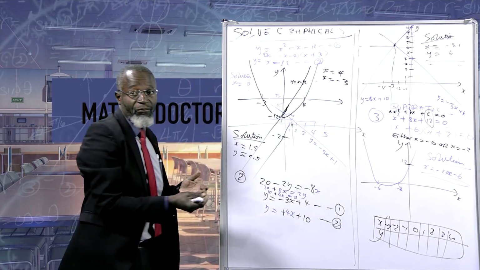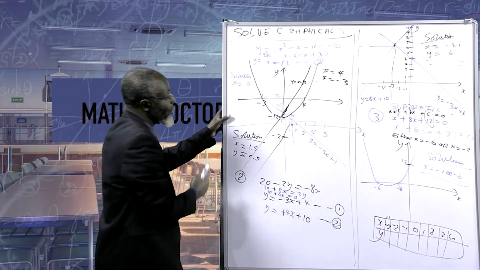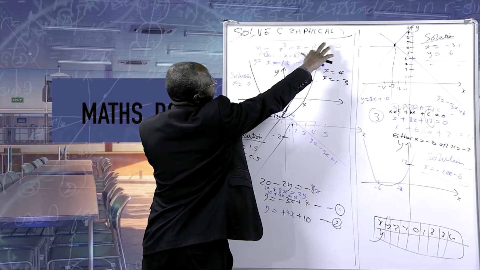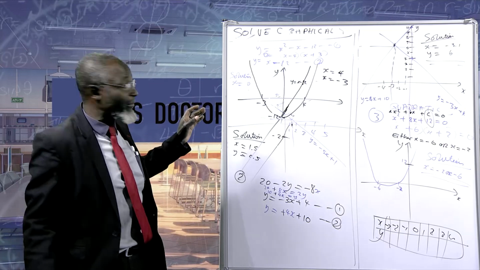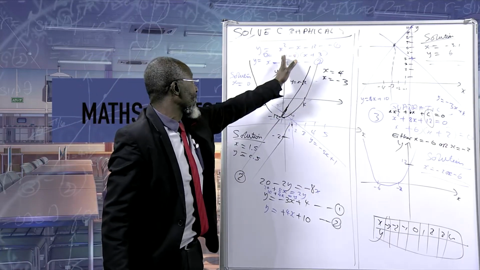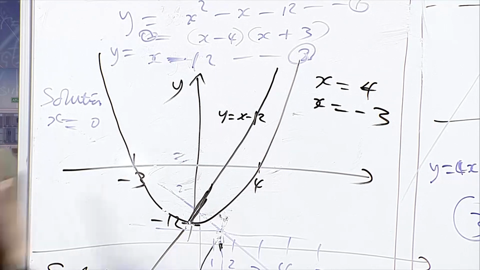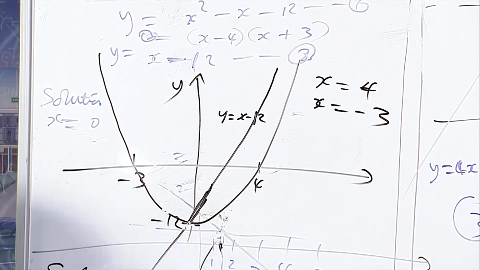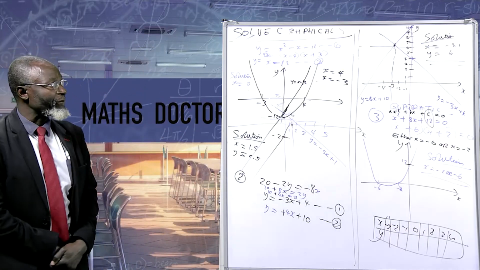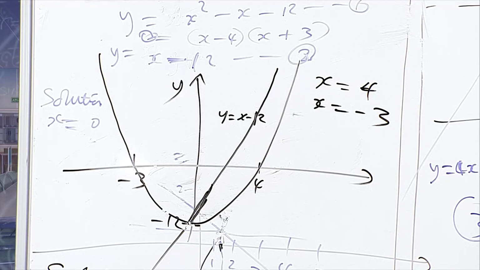But I've done it for convenience's sake, because I just wanted it to cut here, where I can quickly see that the intercept is minus 12, and also here the intercept is minus 12. So x is not going that way or that way, so x is still 0. You can quickly do that when you're drawing your graphs. So these are the tricks of drawing graphs that I'm quickly showing.